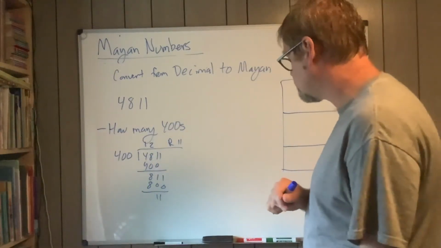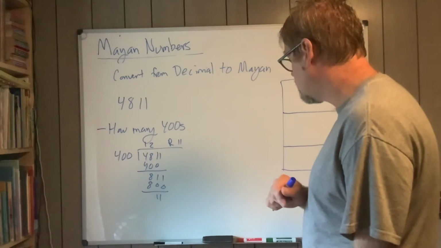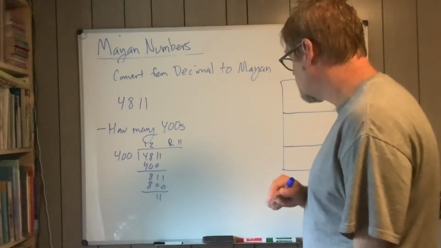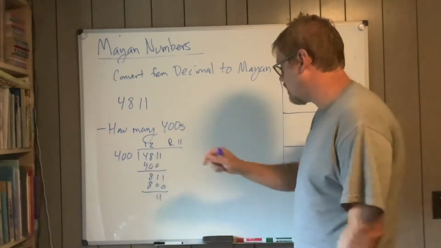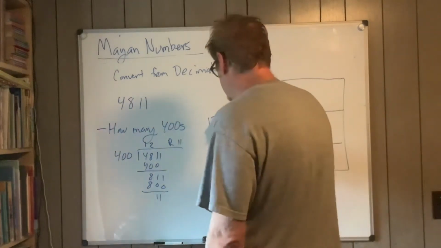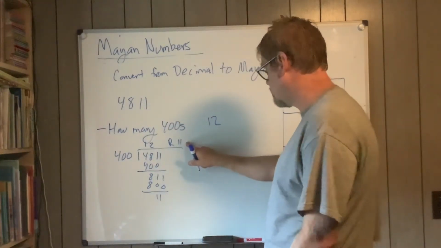Jumped the gun there. So how many 400s are there? There's 12, and then there's 11 left over.